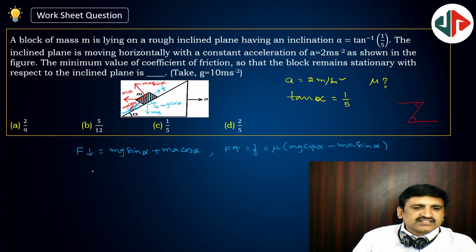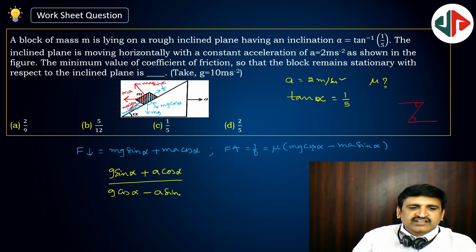In that, m can be cancelled and g not everywhere. Okay, so I can write g sin alpha plus a cos alpha by g cos alpha minus a sin alpha is equal to mu.